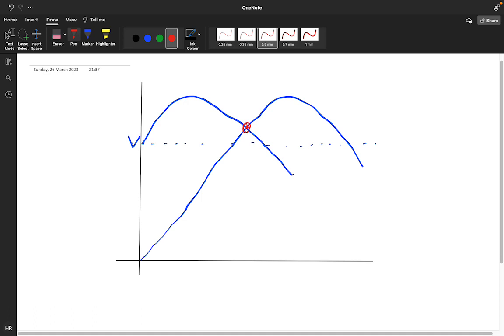When this is your VC, the maximum voltage of the capacitor, and this is the maximum voltage of the inductor, when both intersect at the resonant frequency, I'm writing F0. This is your FC for the capacitor, and this is your FL for the inductor. This is your frequency.